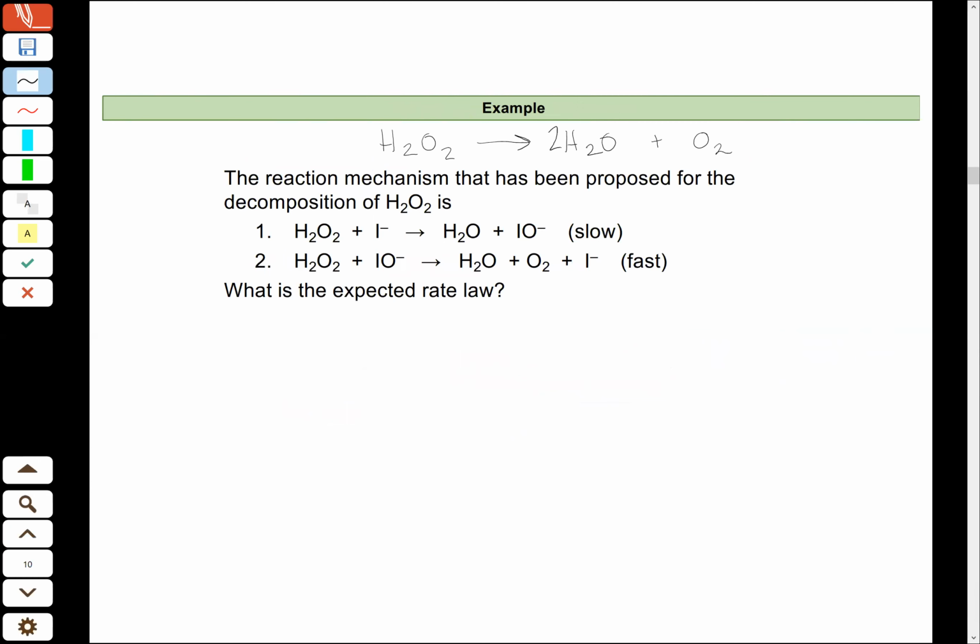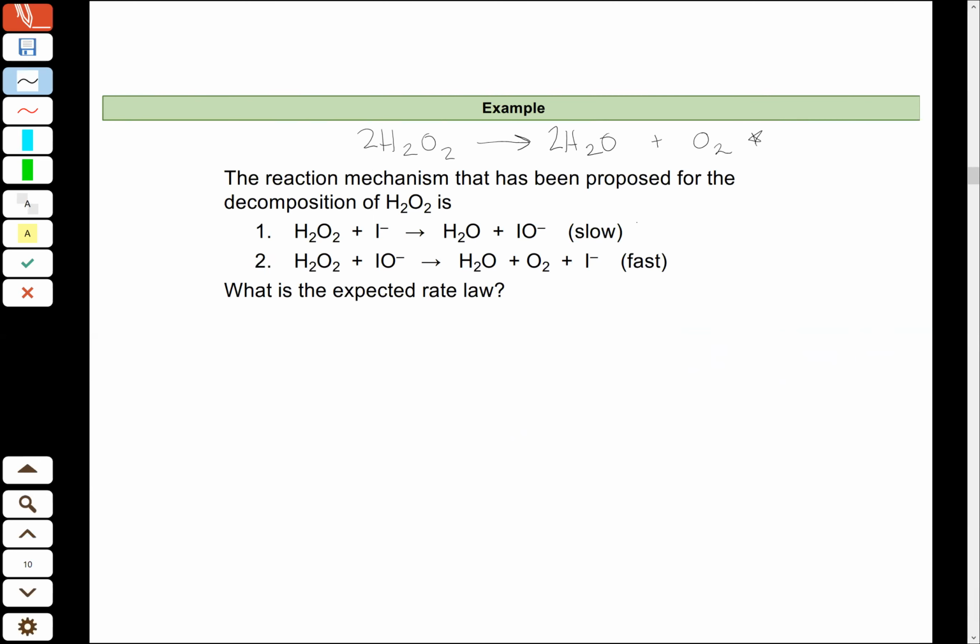I'm going to put a 2 here, and I think a 2 here. 4. Perfect. That's balanced. So here's our overall reaction. And we have already looked at adding these up to make sure they match up to our overall reaction. Let's focus on figuring out what our expected rate law is.